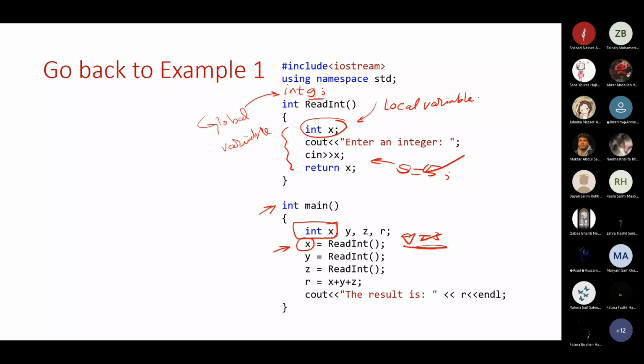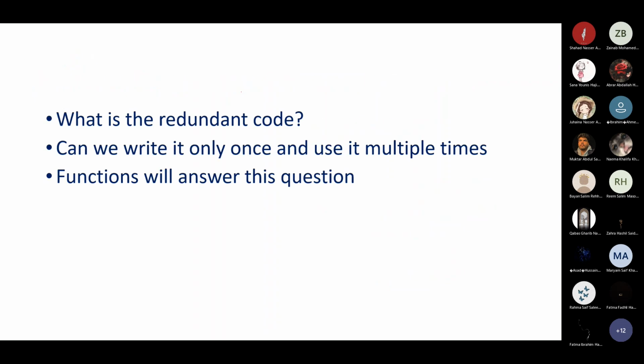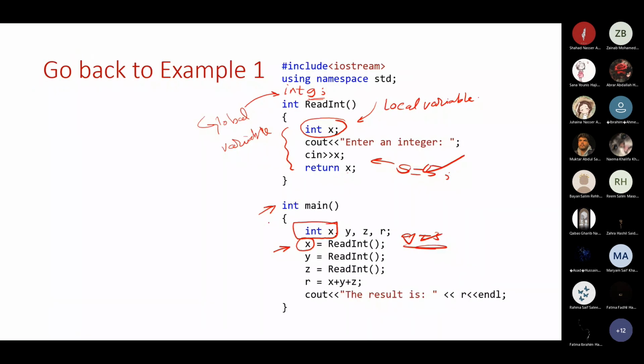Okay, so let's go back to our previous example in which we repeated this one. We used the same code to read 3 integers, and we repeated the code 3 times. Now, I'll define a function that reads an integer, in which integer x, we've written this, enter integer and cin x, and return x.